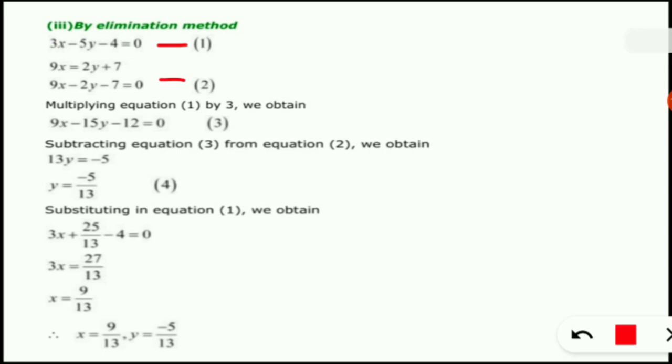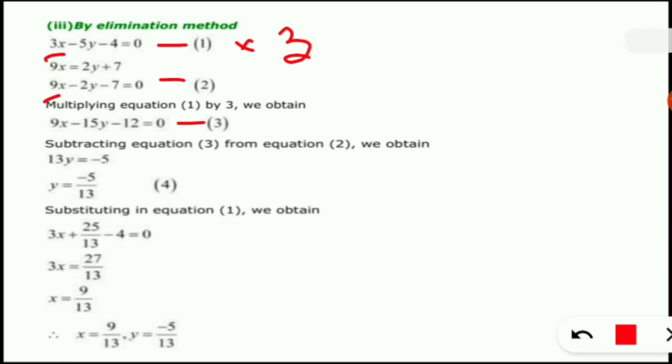Here the coefficient of x is 3 and in equation 2 the coefficient of x is 9. So if we multiply the first equation by 3, then the coefficient of x in both equations is the same. So multiplying equation 1 by 3, we obtain 9x minus 15y minus 12 equals 0. This is equation 3.